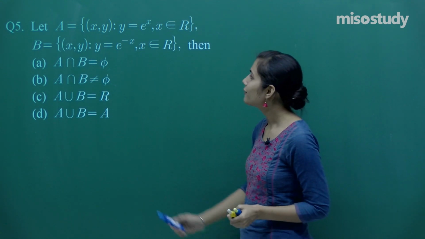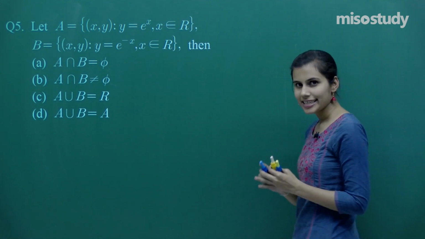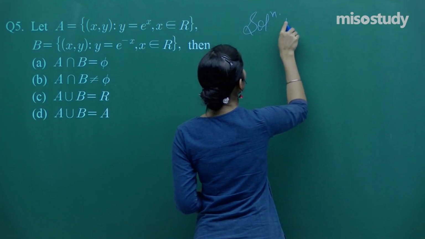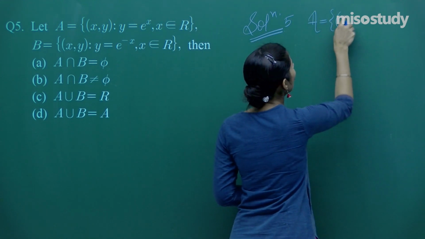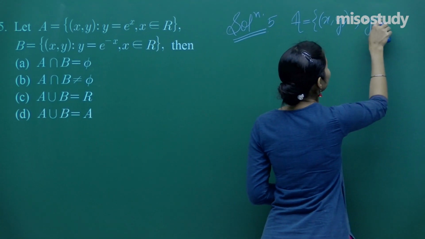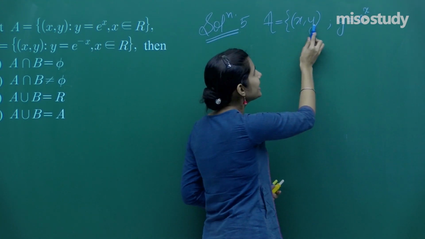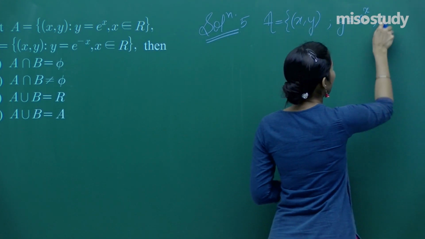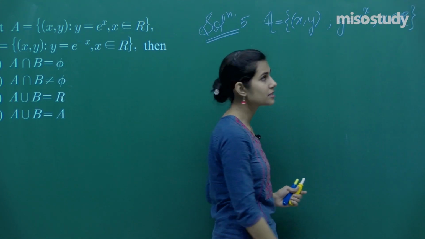For that we will have to understand first the intersection procedure. Let's write set A and set B. What is my set A? Set A is all those tuples x comma y such that the y given is e to the power x. That means whatever x is, e to the power same x is the coordinate y. And this x should belong to the collection of real numbers.